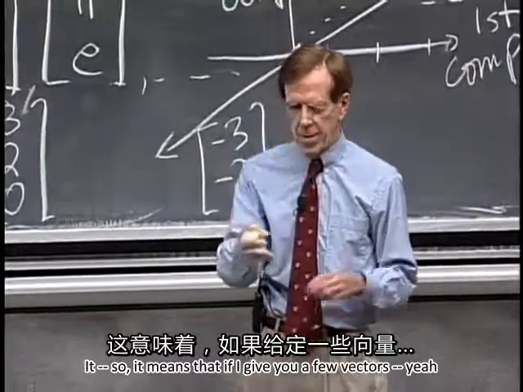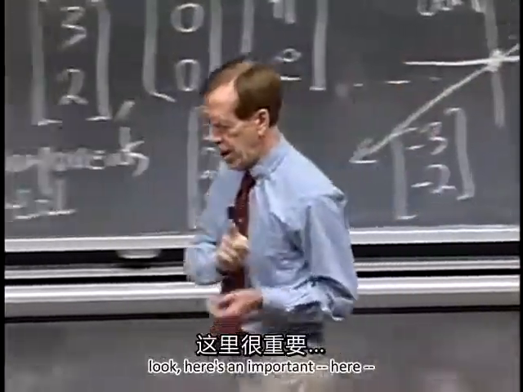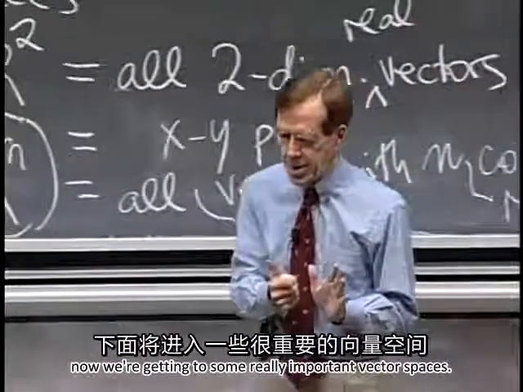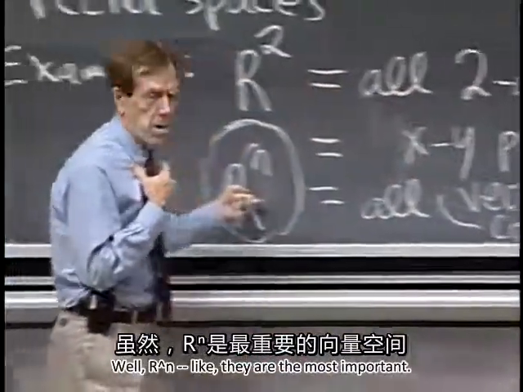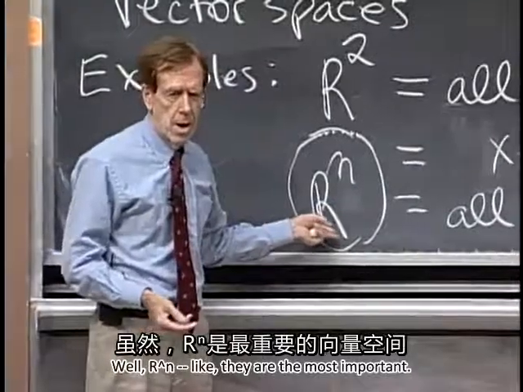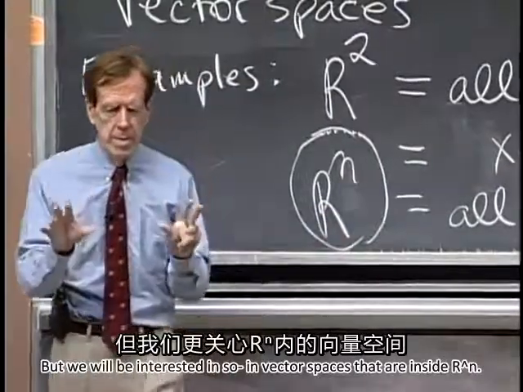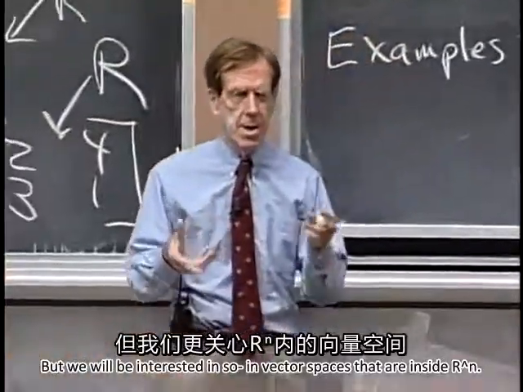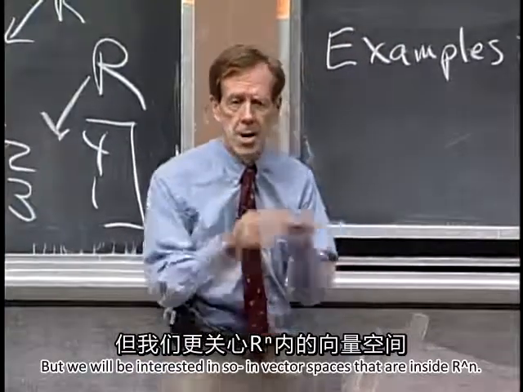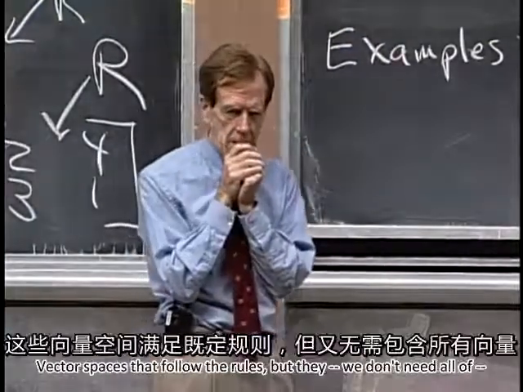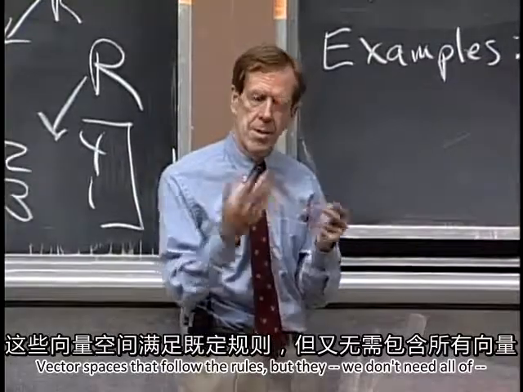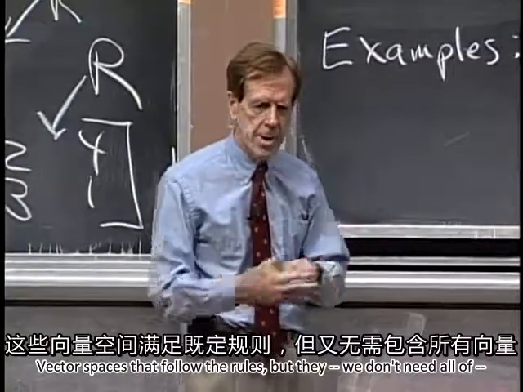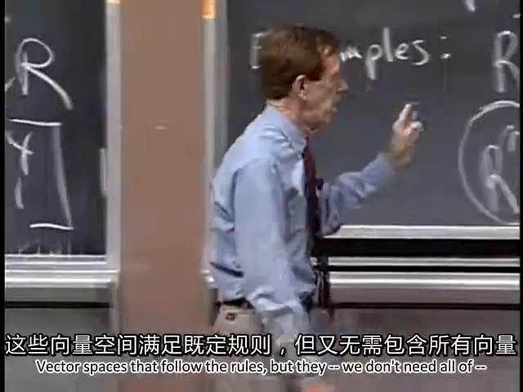Now we're getting to some really important vector spaces. Well, Rn, they are the most important. But we will be interested in vector spaces that are inside Rn. Vector spaces that follow the rules, but we don't need all of Rn.